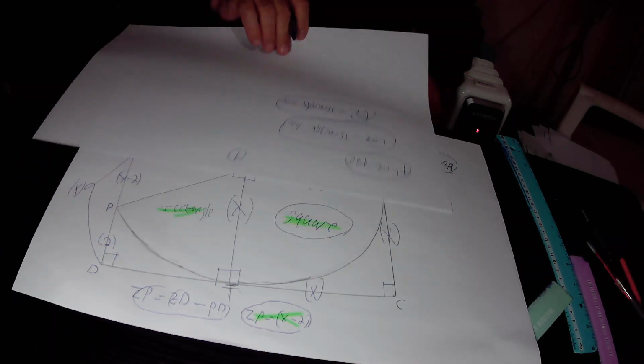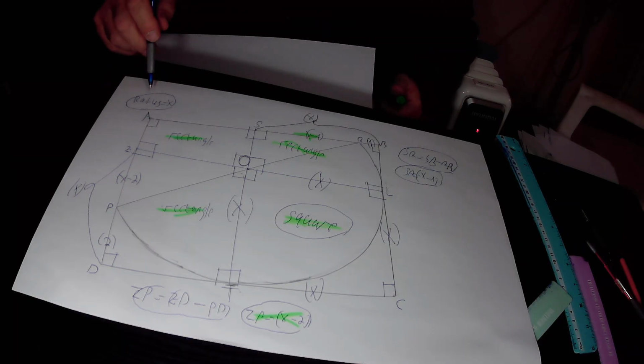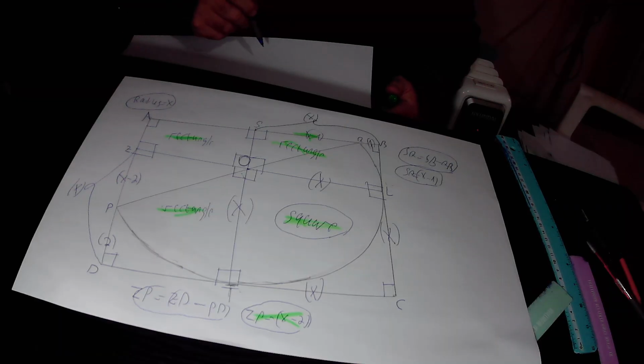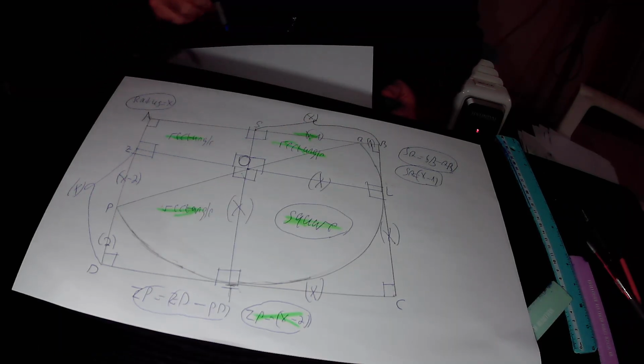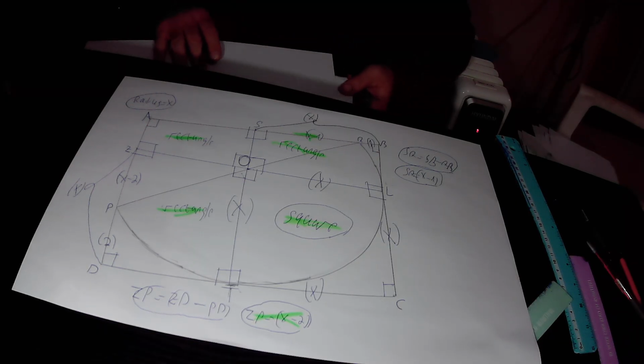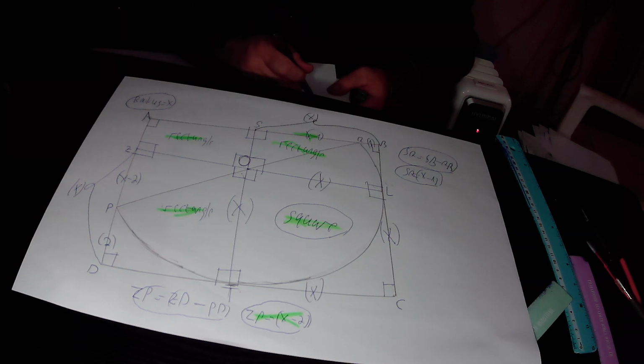And therefore, this shape, the upper shape ABLZ, has 4 sides in total: 1, 2, 3, 4. So, write it down. The upper shape ABLZ has 4 sides.